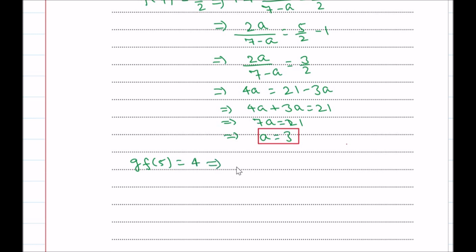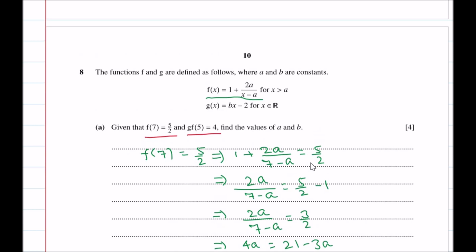So this implies that g of f(5), and if we are finding f(5), we get 1 plus 2a divided by 5 minus a.